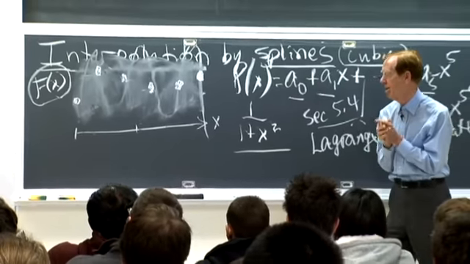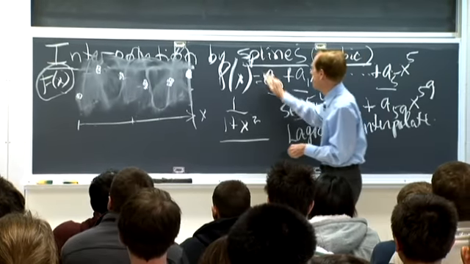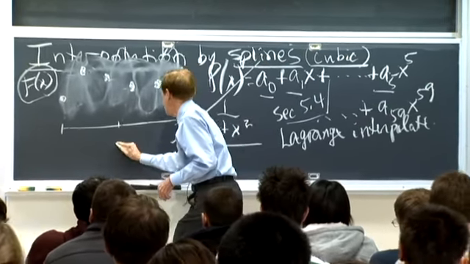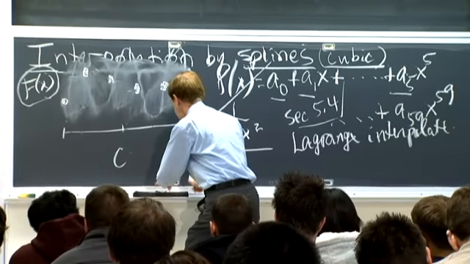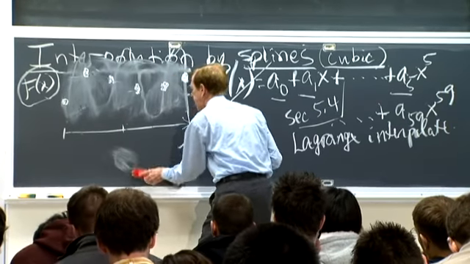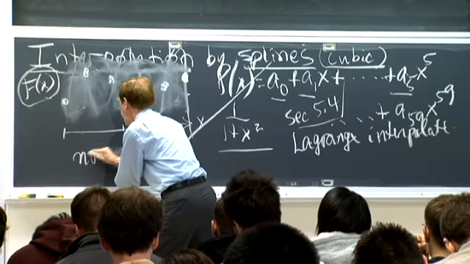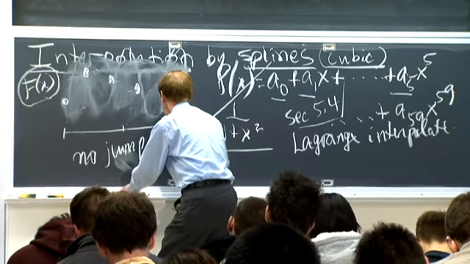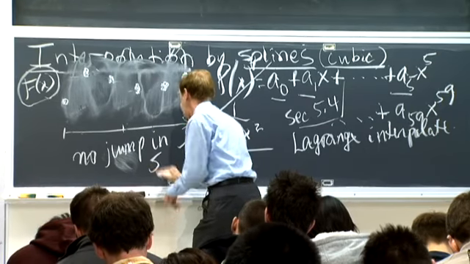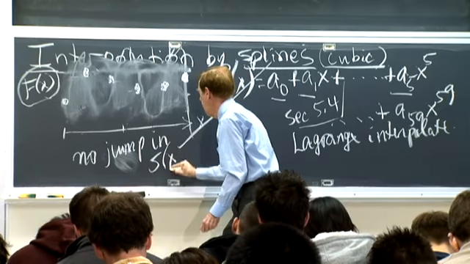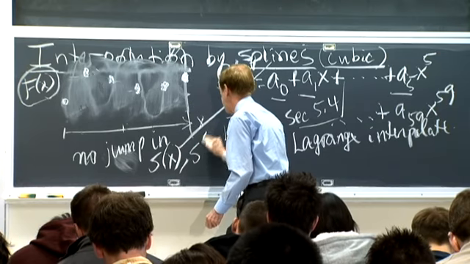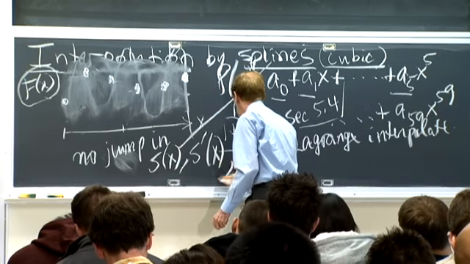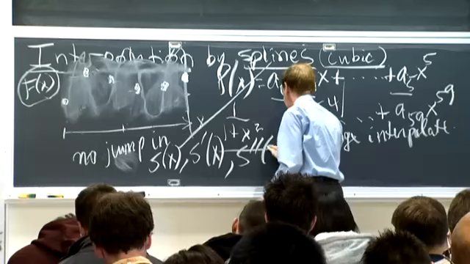And that's the difference. Splines have no jump in the function, which I'll call S for spline, no jump in its slope, and no jump in the second derivative.